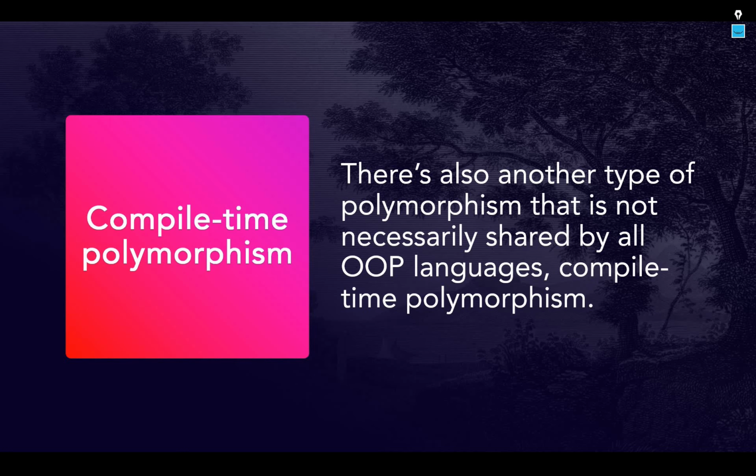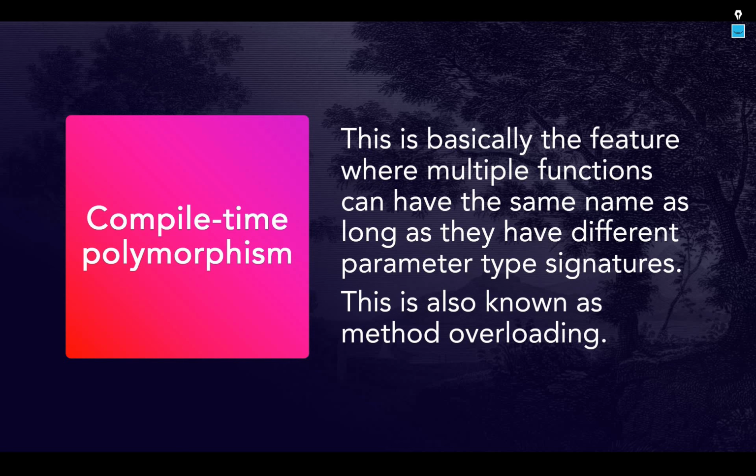There's also another type of polymorphism that is not necessarily shared by all OOP languages, and this is what you call compile time polymorphism. Polymorphism is another terminology in programming that is a bit overloaded. Compile time polymorphism is the specific type of polymorphism where multiple functions can have the same name as long as they have different parameter type signatures.